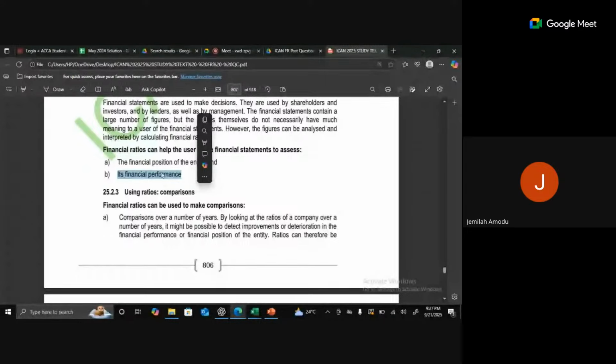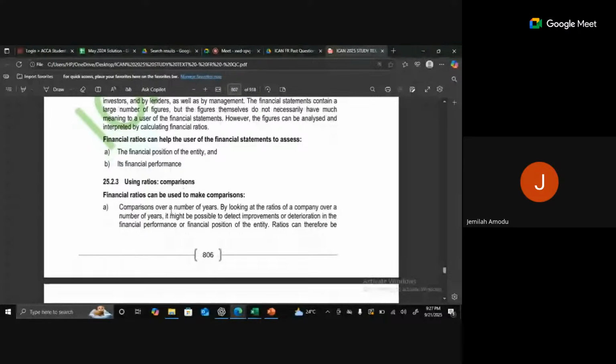So financial ratio helps you to understand the implication of it precisely, right? You might know that, okay, this is my net profit, right? And that alone cannot help you to make a decision. You need to understand the implication of those net profits that you have at every point in time, right?